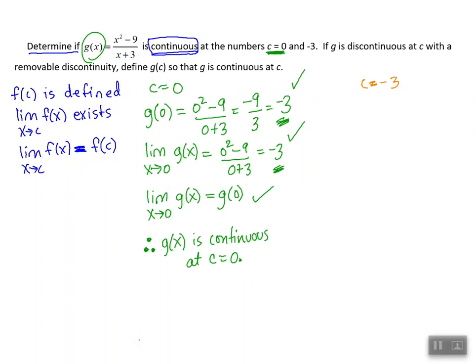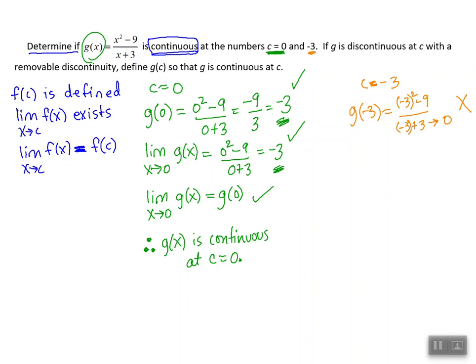Now finally, let's take a look at c equals negative 3. Let's begin with g of negative 3. If I try to plug this into the function, negative 3 squared minus 9 over negative 3 plus 3. Well, I notice right away that the denominator is 0. Negative 3 is not in the domain of the function.